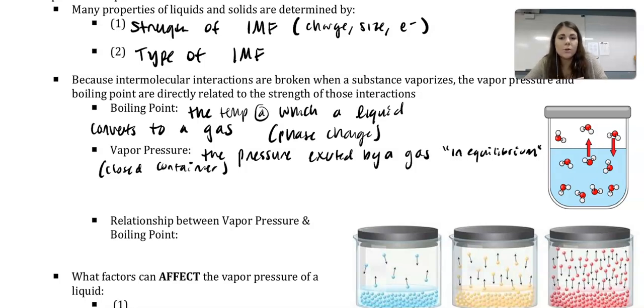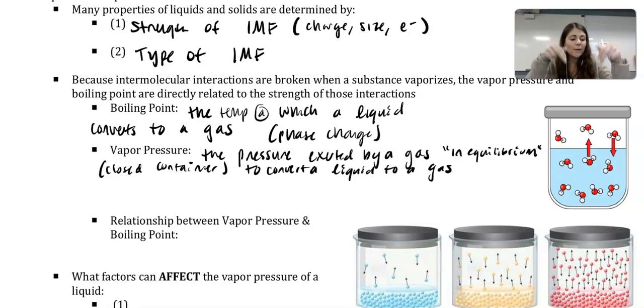You can see in the diagram to the right that these molecules are pressing down on the liquid. This right here would be my gas, this would be my liquid, and the gas molecules are pressing down.